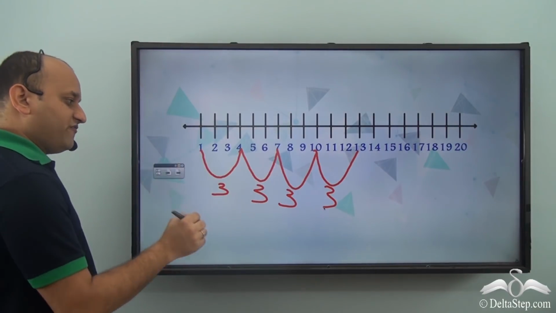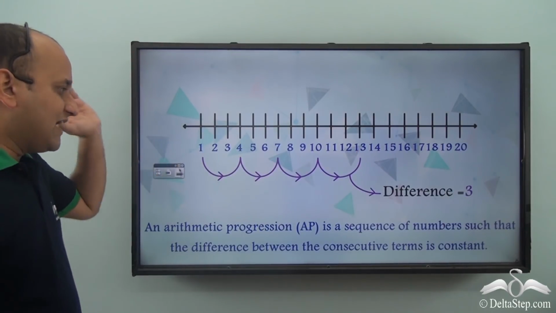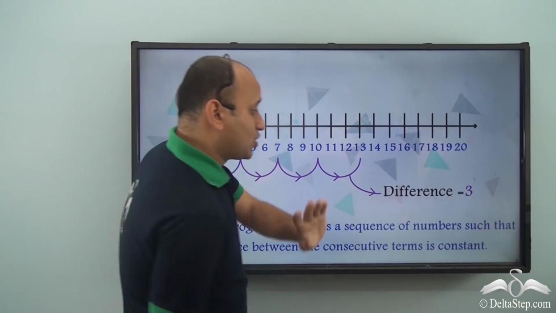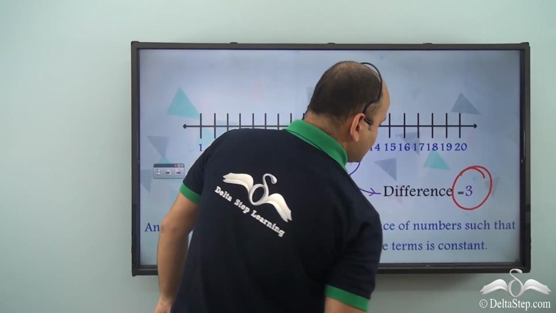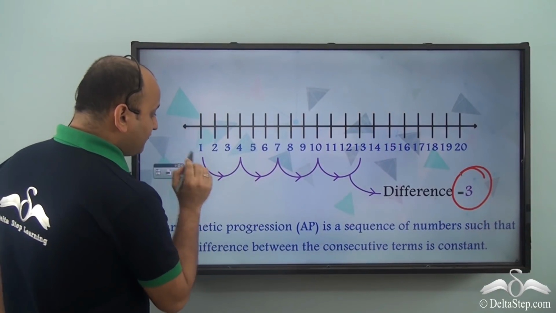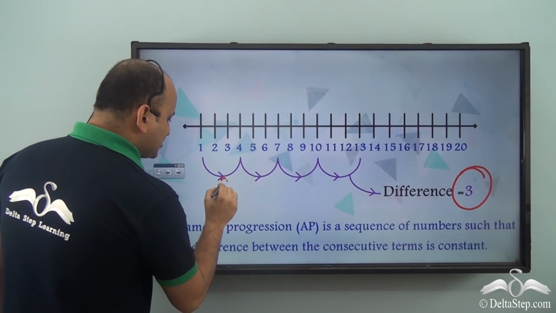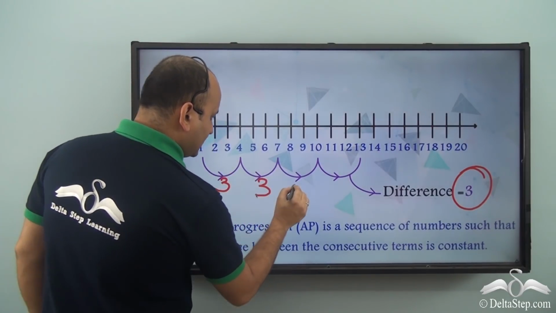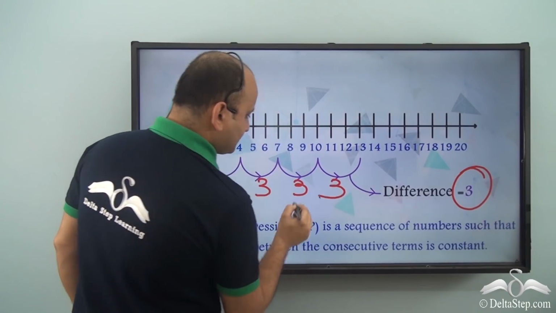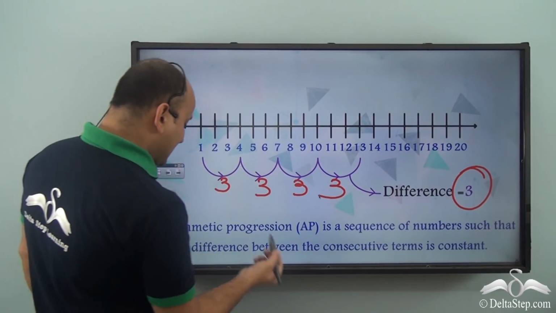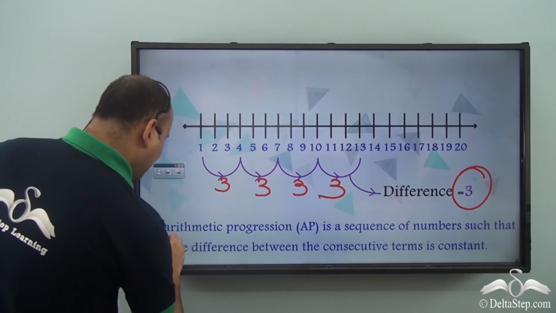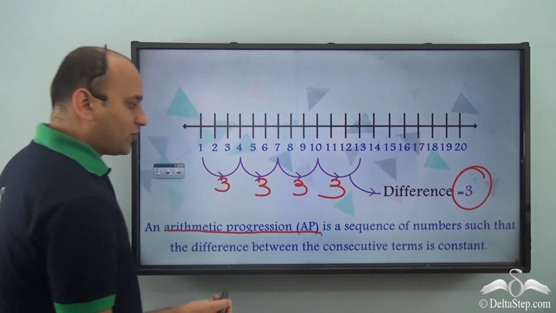So what do we find again? Again we have a series in which the constant difference is 3. So the constant difference between consecutive numbers is 3 in this series, and as a result this is again a series which is in AP or arithmetic progression.